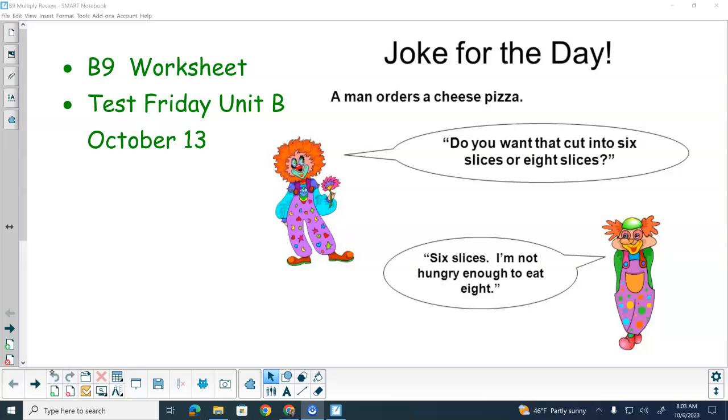So check your grades. Monday we'll get a grade report again. If you're missing something on there, you've got to get that done because next week Friday is the test. That's the last day to turn in anything for the first time, not the last day to fix anything. Okay. Next week Friday.